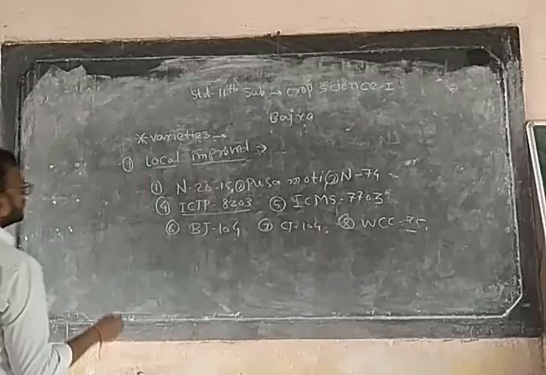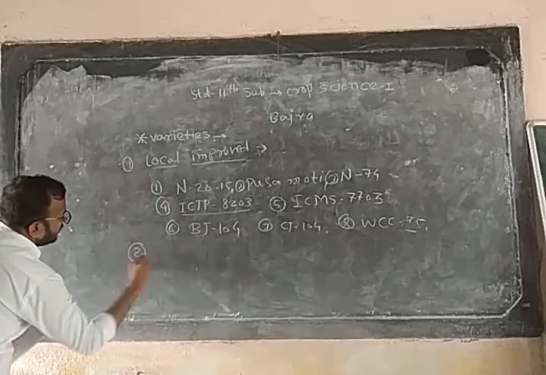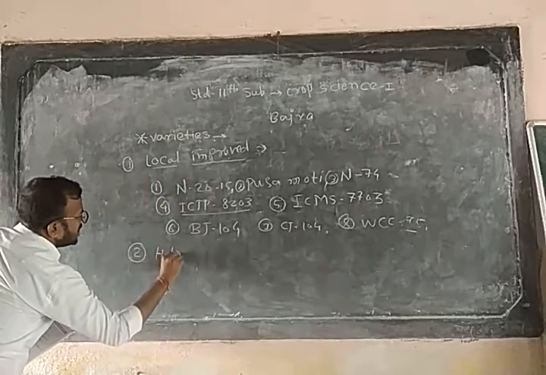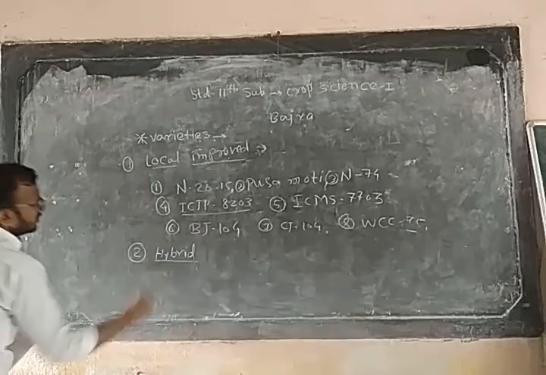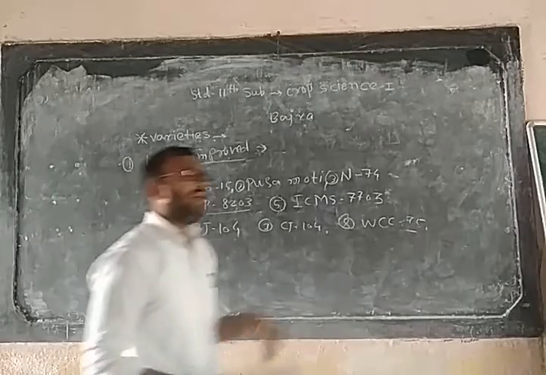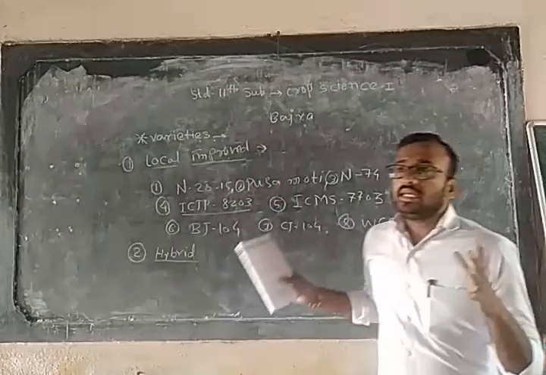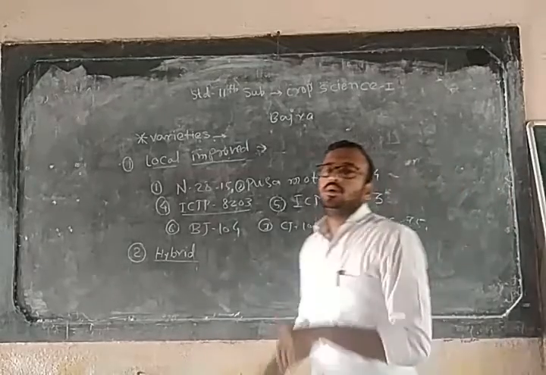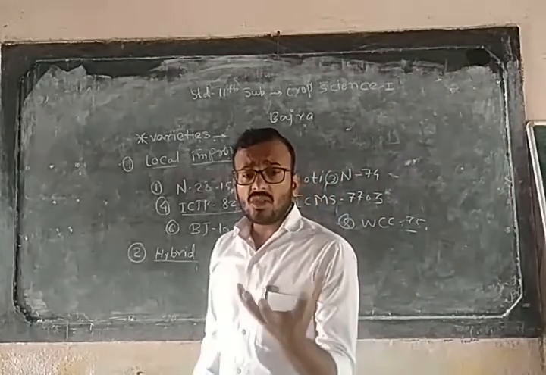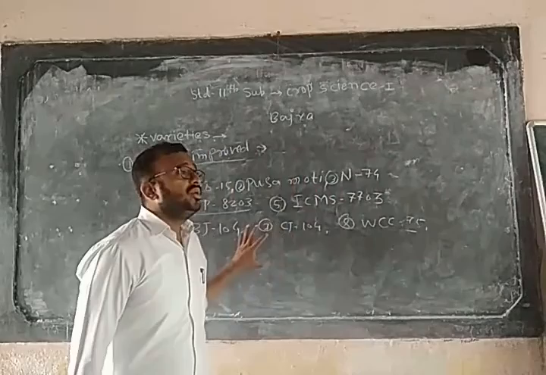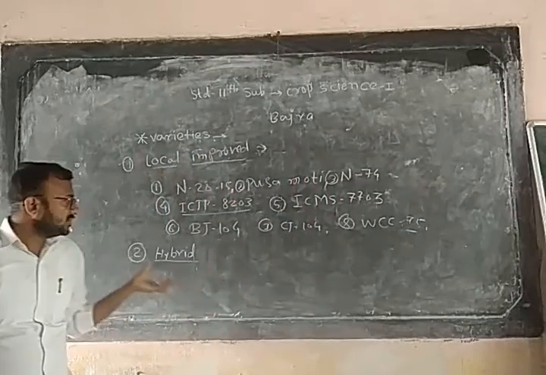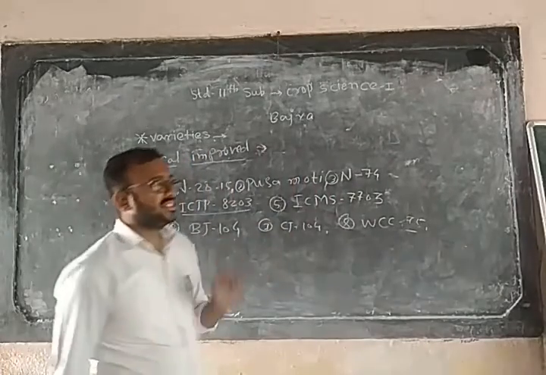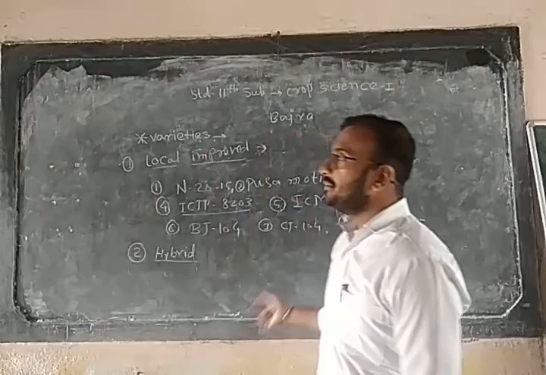Then next we will see the hybrid varieties of bajra. What is the procedure for developing a hybrid variety? I have said it many times. A hybrid variety is nothing but the combination or mixing of two varieties, and the third variety which is released is called a hybrid variety.